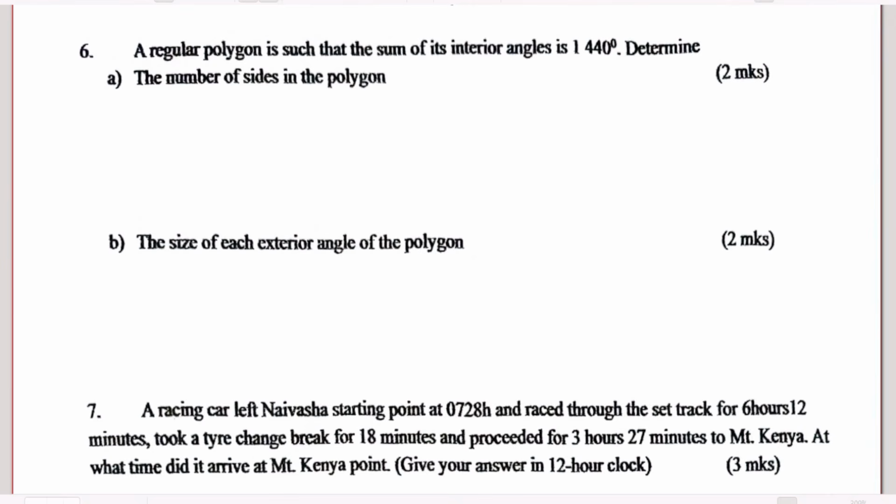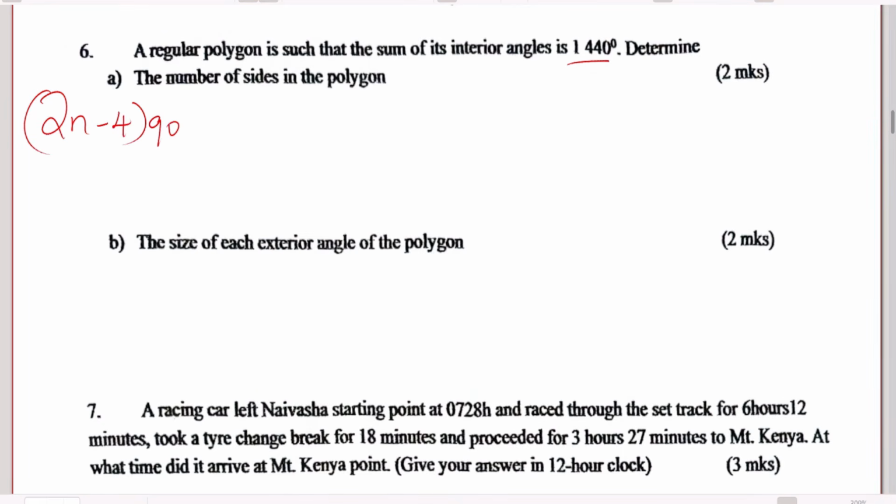Determine A, the number of sides in the polygon, and B, the size of each exterior angle of the polygon. So you're given the polygon and the sum of the interior angles is 1440. So how do you get the interior angles of any regular polygon? We get it by this formula, 2n minus 4 right angles.